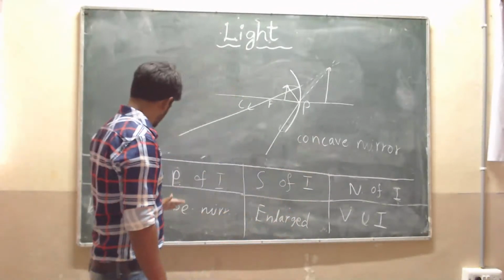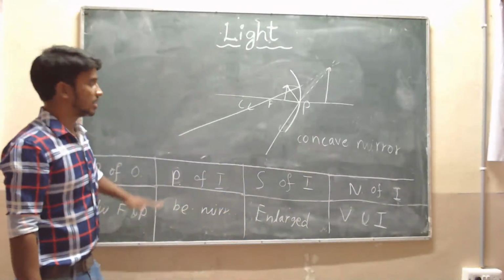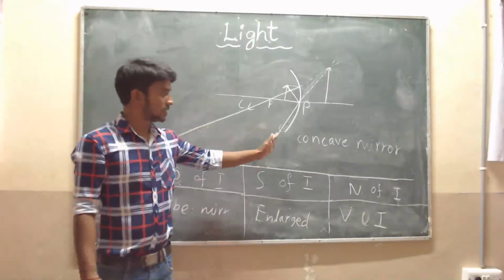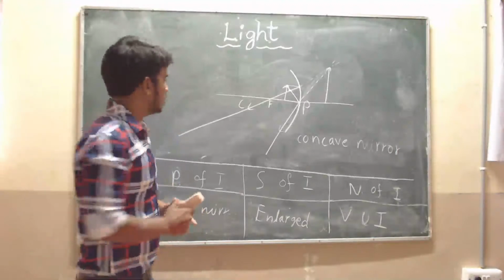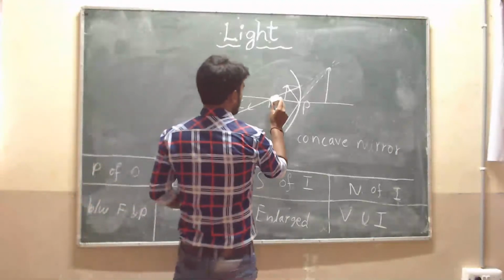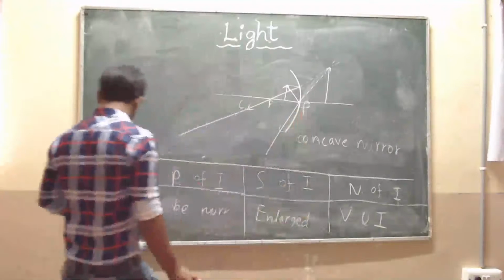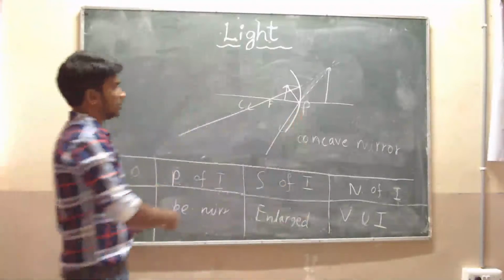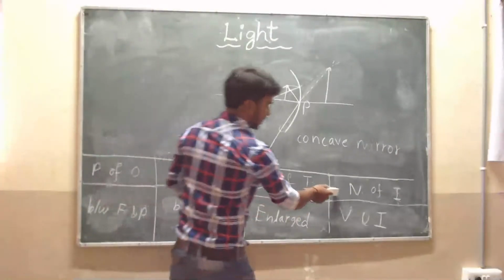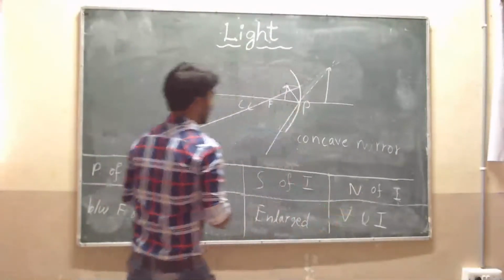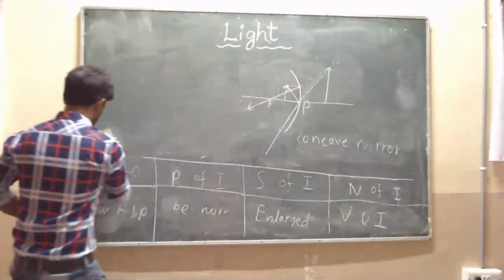Except between F and P, in the remaining cases we get a real and inverted image. So here position of the object is between F and P, position of the image is behind the mirror, size of the image is enlarged, and nature of the image is virtual and erect.